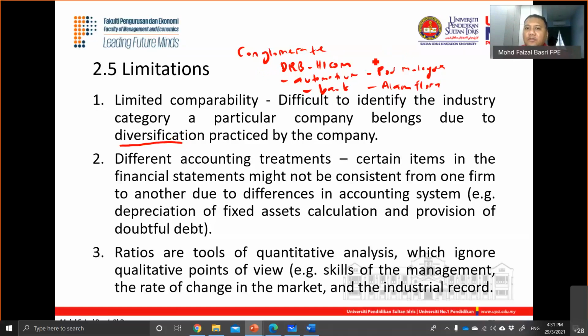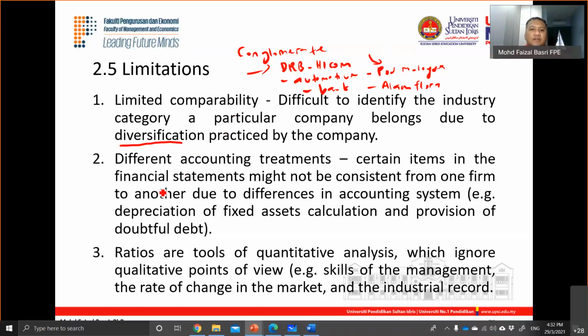If logistics, compare Post Malaysia against another logistics company, I don't know, DHL, for example. If you want to compare from the parent company, it's quite difficult because of this limited comparability, because the company belongs to a very diversified group, right?